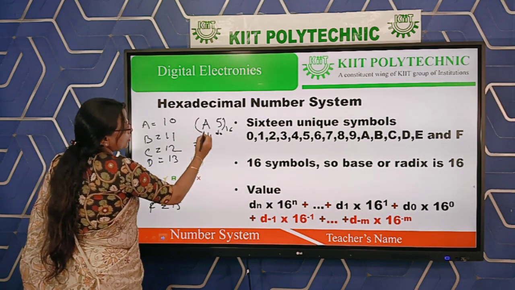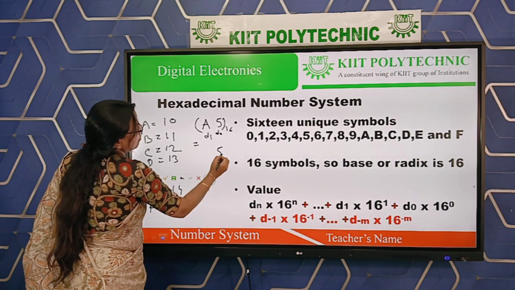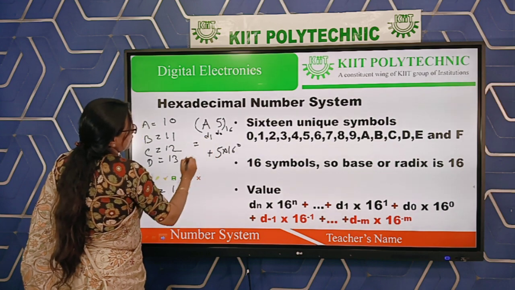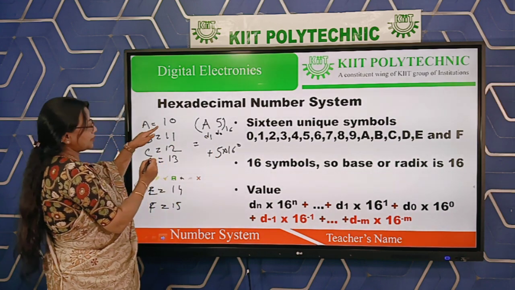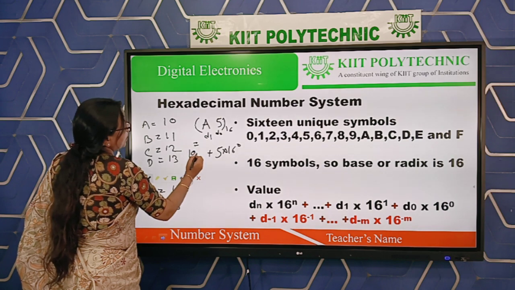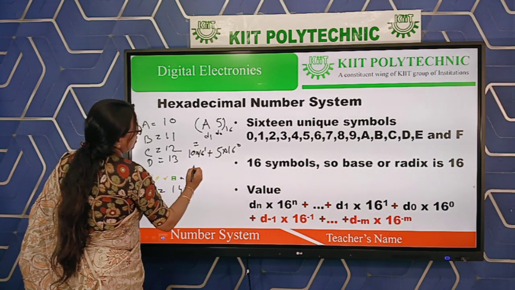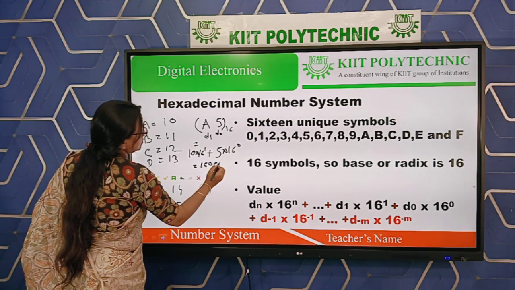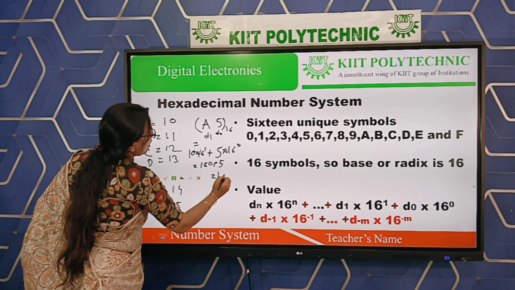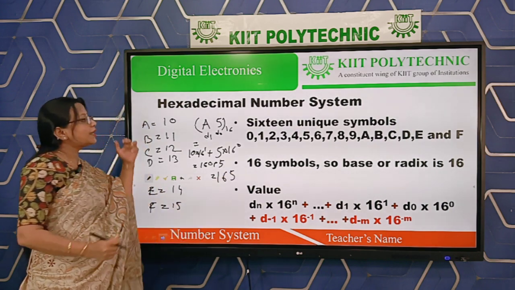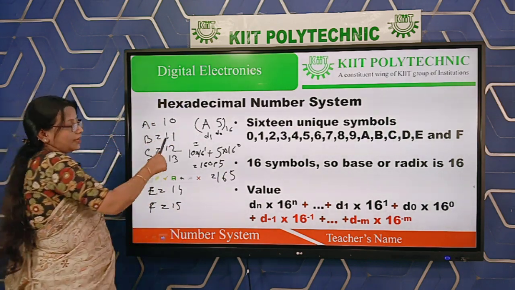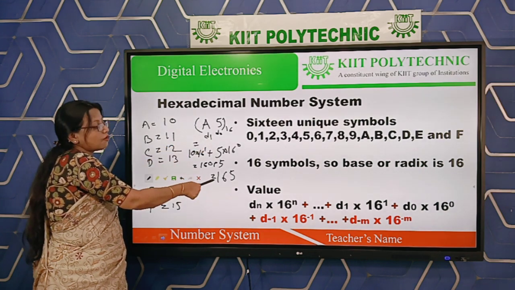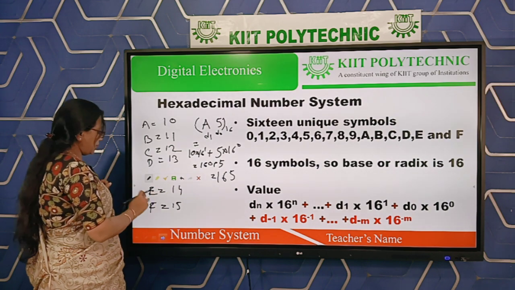So that is 5 times 16 power 0 plus A. A means 10, multiplied by 16 power 1. So the total value in decimal is 160 plus 5, that is 165. So hexadecimal A5 has the equivalent decimal number 165.